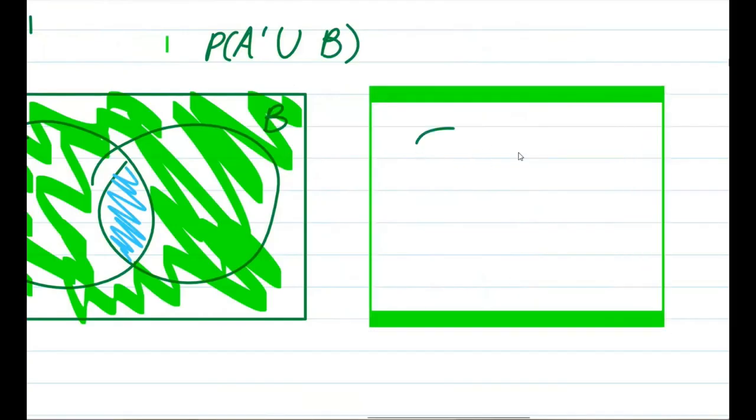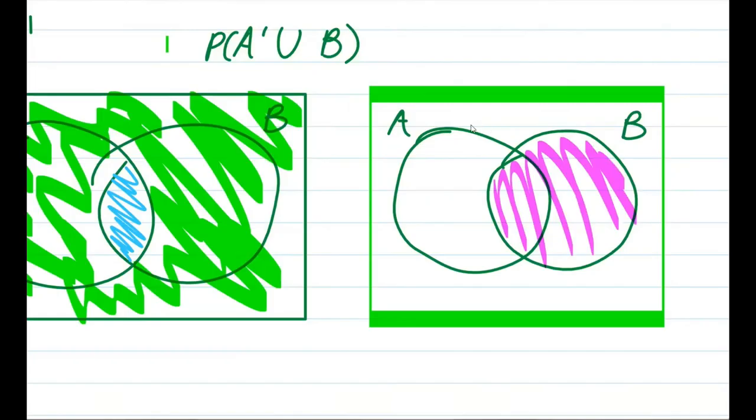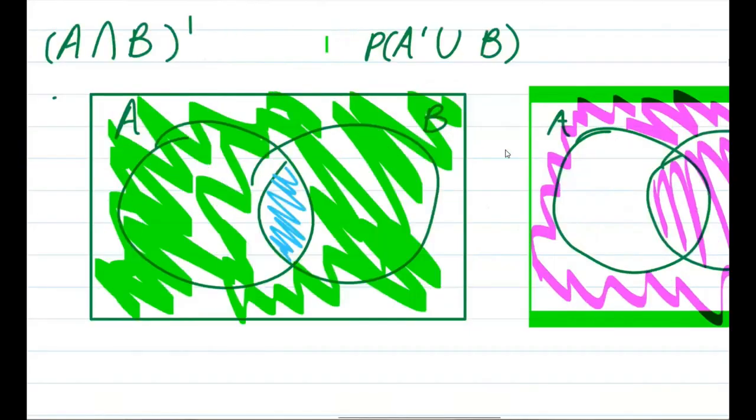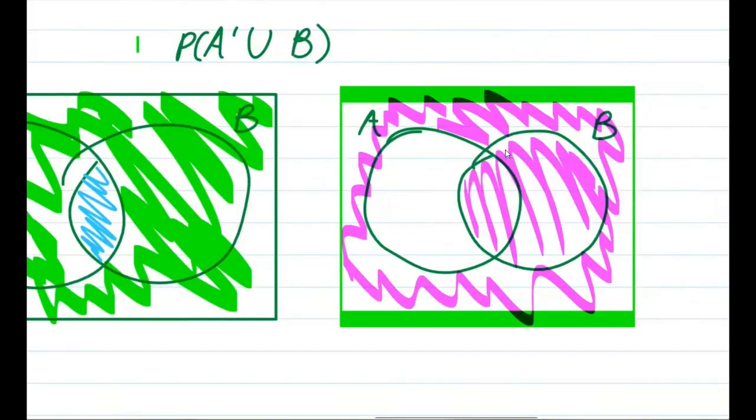Here's A, there's B. So not A or B: this is B, and all of this is still not A. So Rutendu, you can see these two are not the same. See, all the highlight is what we want.